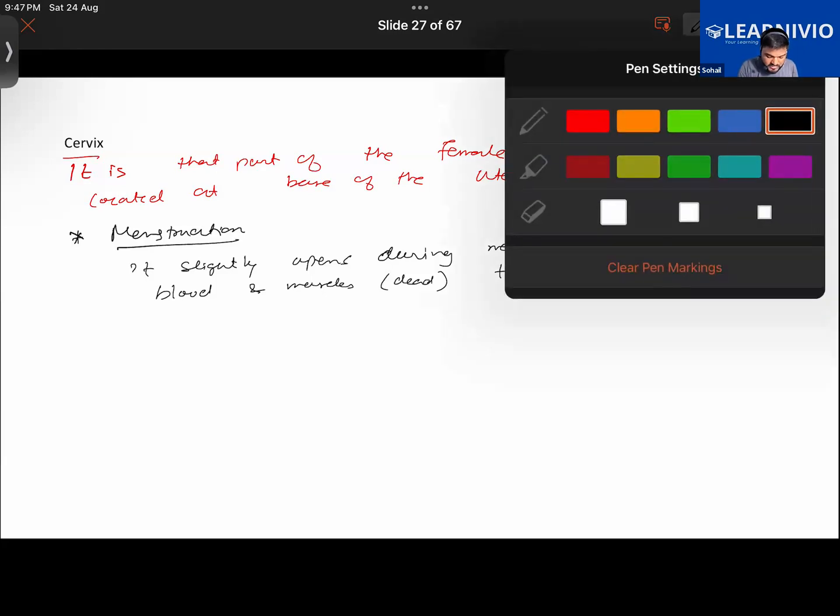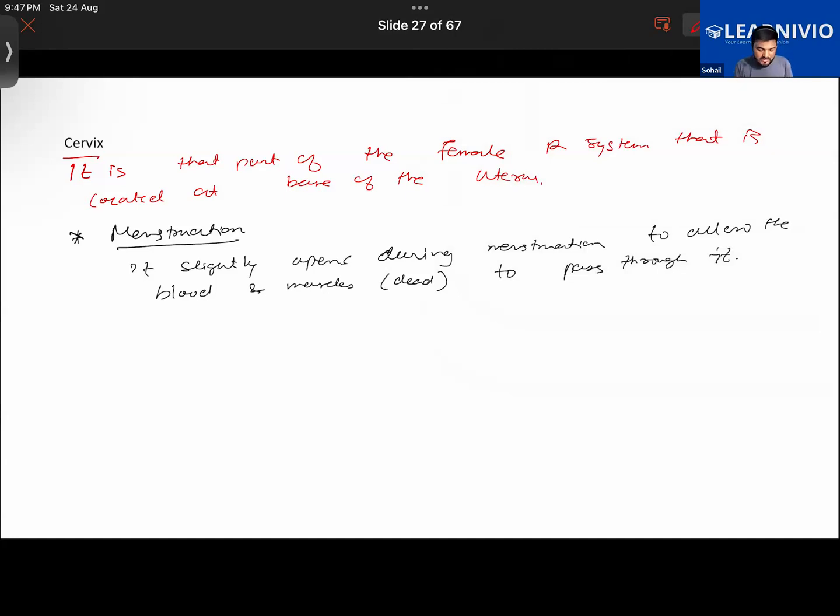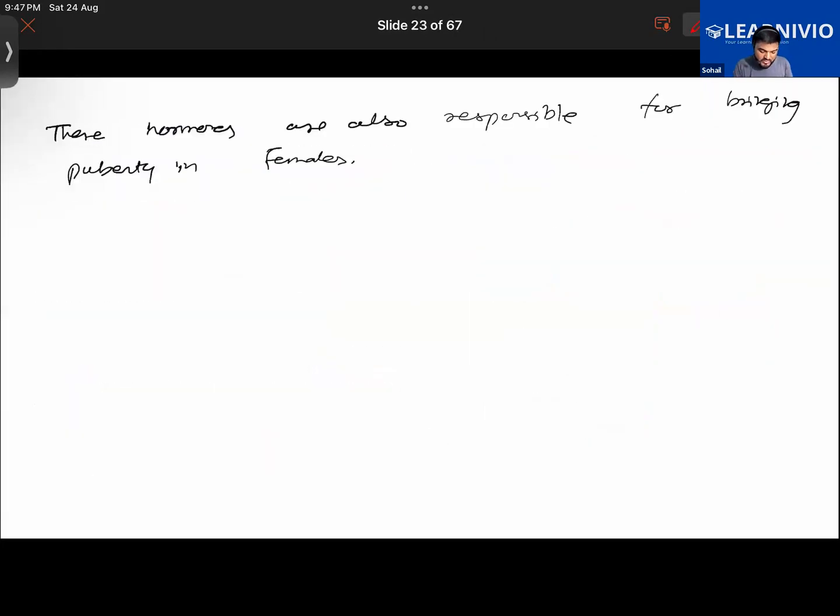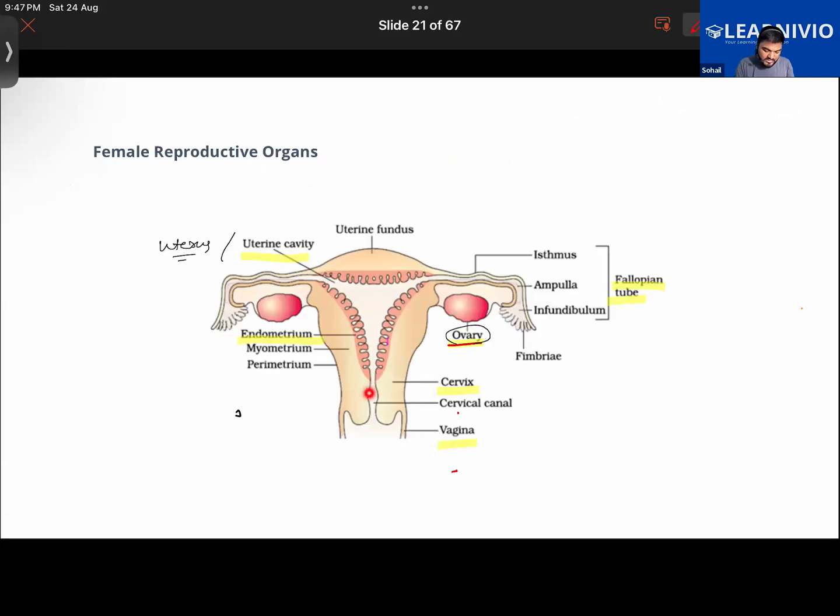If it were not to open, how else would the blood or the dead ovum cells be able to pass via the uterus? So it is only that this will be opening slightly. Getting it?